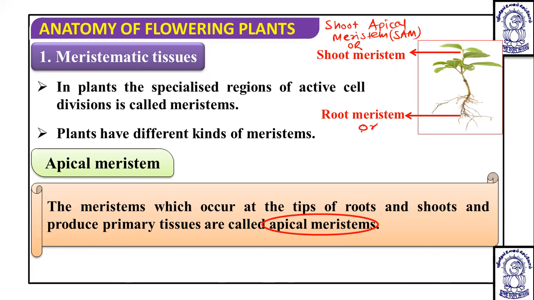And this root apical meristem, also known as root meristem, is present at the apex of root. This root apical meristem helps the root grow in length, as well as the shoot apical meristem also helps the plant grow in length as well as add the particular primary permanent tissue.